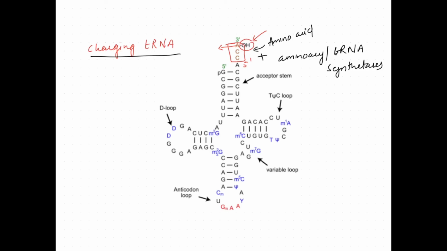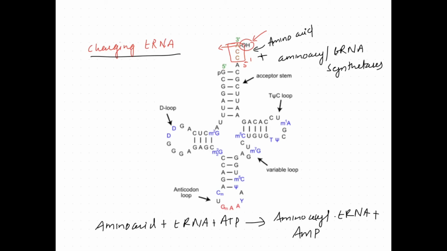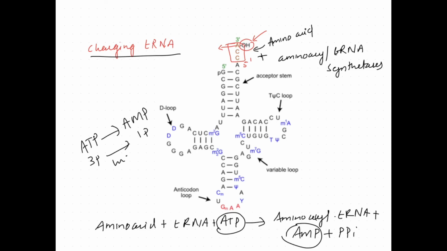See, the overall reaction is amino acid plus tRNA plus ATP, it requires energy, forms aminoacyl tRNA plus AMP and inorganic phosphate. So this is one of the rarest reactions in the cell, where ATP is converted to AMP. The 3-phosphate group of ATP is converted to the 1-phosphate group, that is AMP. It releases a huge amount of energy.